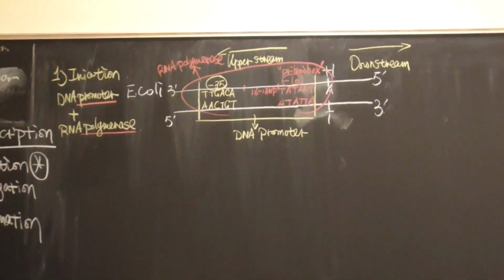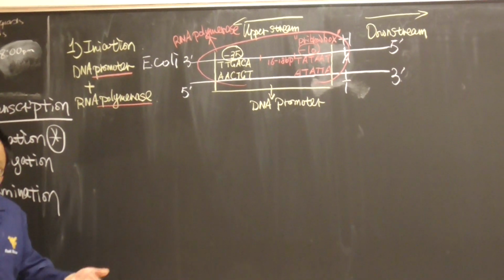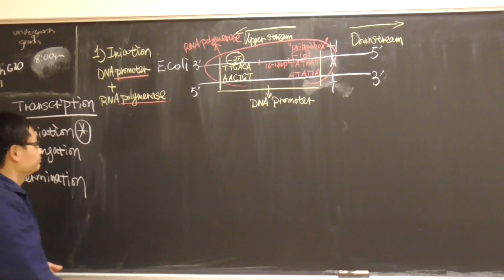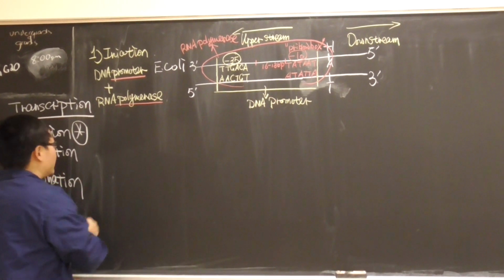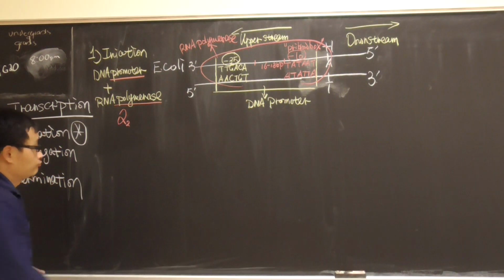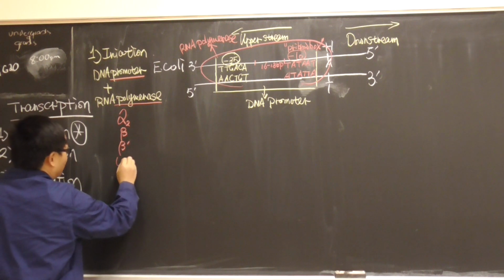First of all, RNA polymerase, I said it's remarkable because it has lots of subunits, lots of components. What are they? It is composed of two alpha subunits, beta, beta prime, and omega.